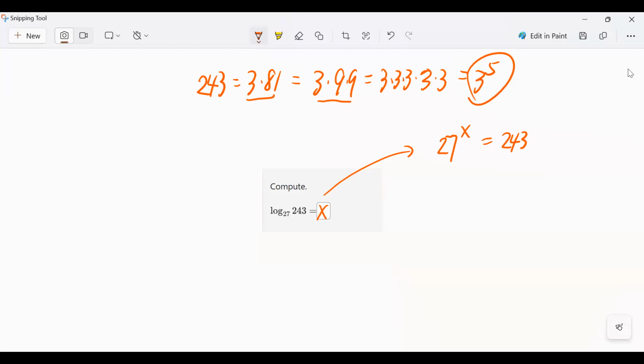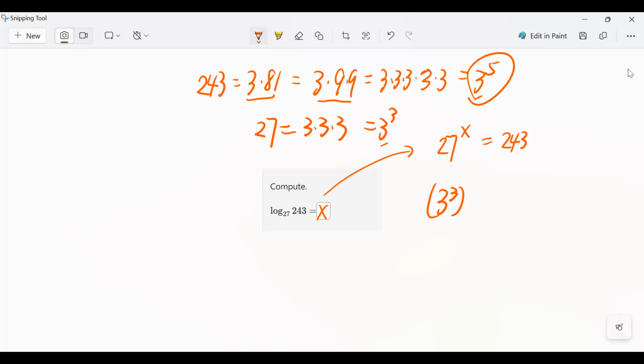It's not easy to do that. You can write it as a fractional power, but it's a very complicated process. So it's easier to decompose 27 and 243 to the same base. So 27 is 3 times 3 times 3, so that's 3 cubed.